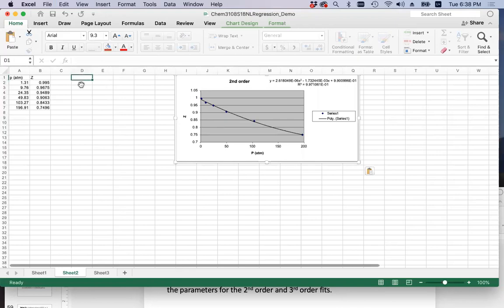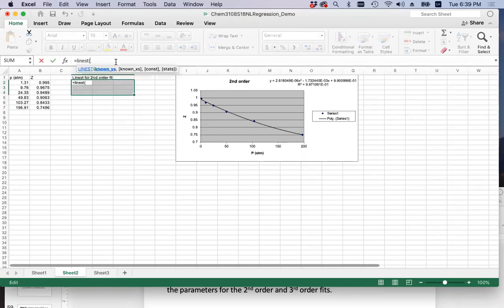And now I'm going to apply the second order linest. So linest for second order fit. Okay, so I'm going to select 3 rows, and there's going to be 3 parameters in a second order fit, so I'm going to select 3 columns. Then I'm going to click here and type the formula. So equals linest. And then I want the known y values.